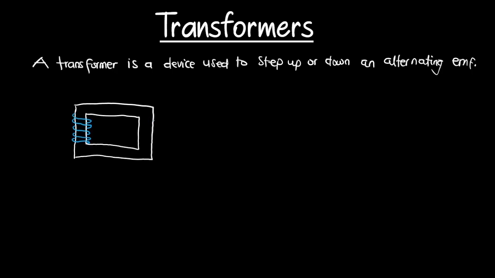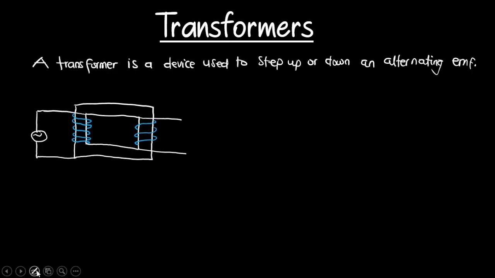Then over here too, we have another set of coils. Okay, and then over here we have the source of our alternating current, connected over here. Then we label this part. So basically, it's just the iron core, these two coils, and then a source of alternating current attached over here.